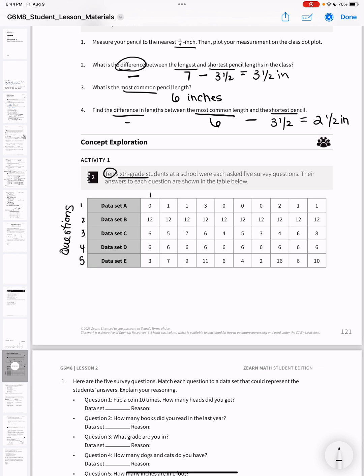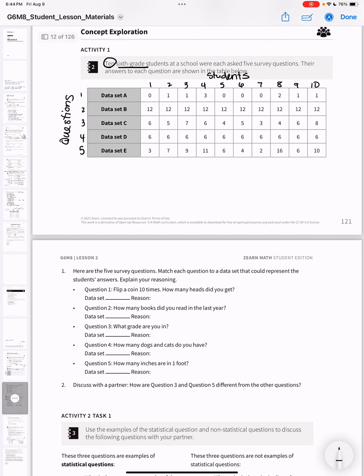And then we have 1 through 10. These are the students. So you can see student 1 answered the first question as 0, second as 12, third as 6, fourth as 6, 5 as 3. We're going to use this data to answer our questions.